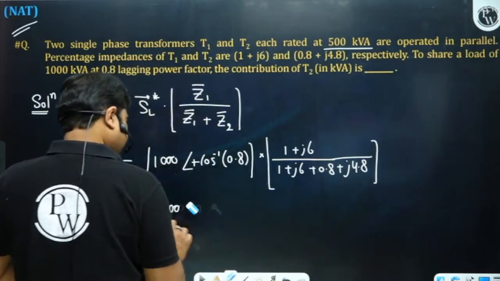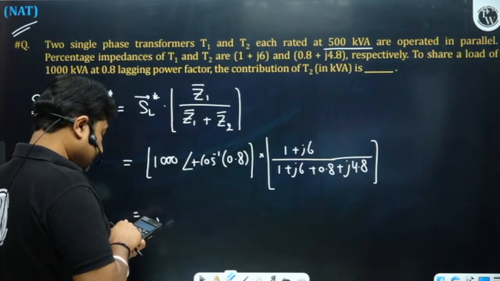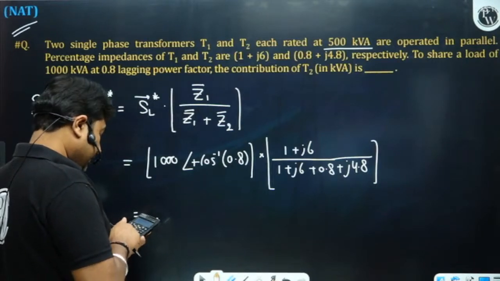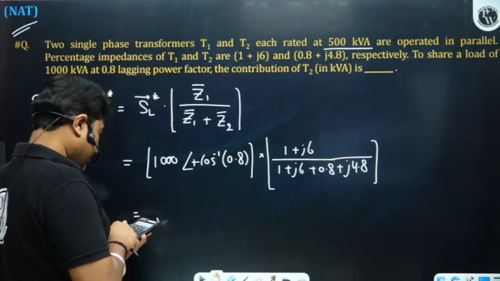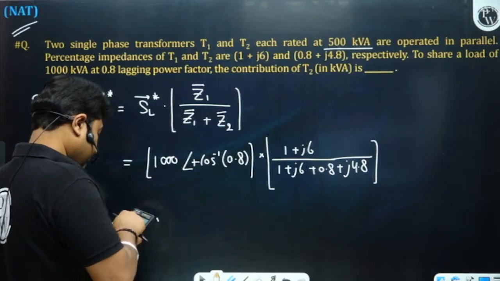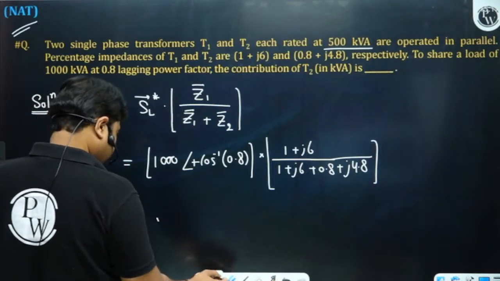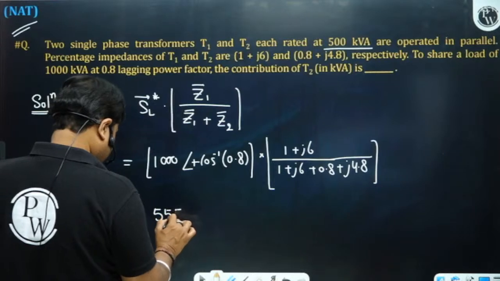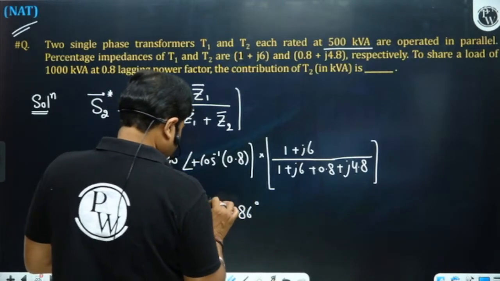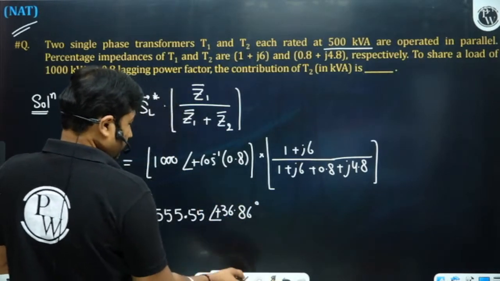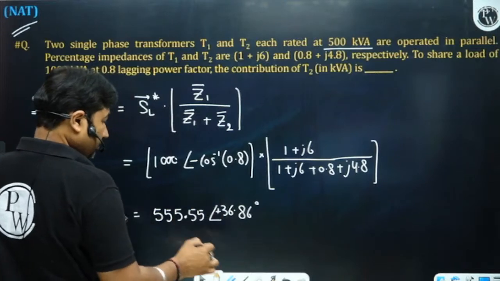I can put it directly: 1 plus 6i plus 0.8 plus 4.8i. 1 plus 6i divided by the answer, multiplied by the load; we have to put the conjugate. So this will be negative only.